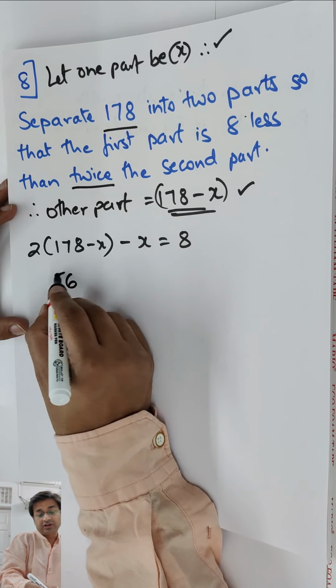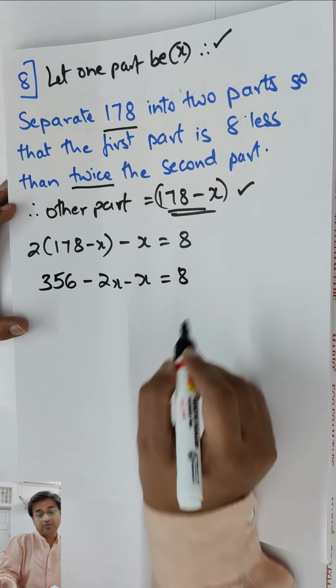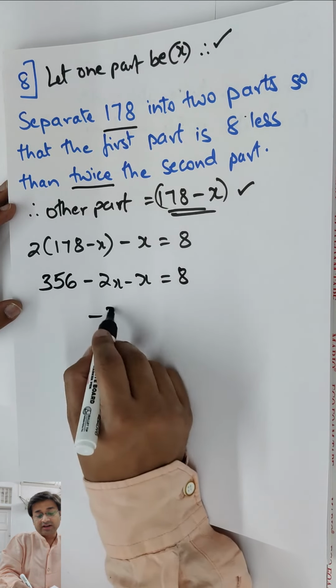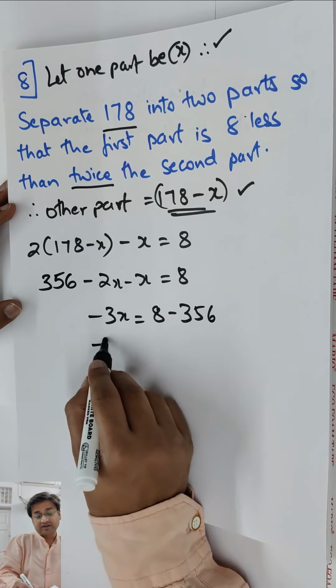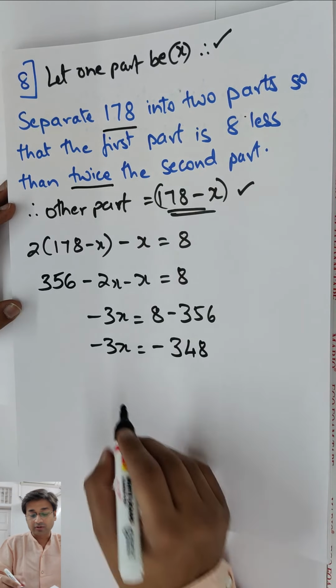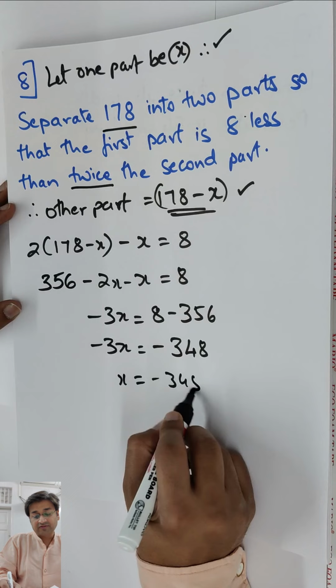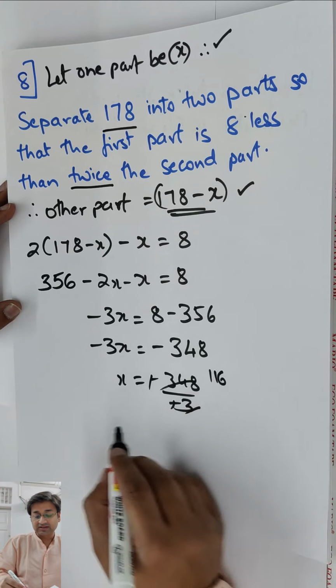So 356 minus 2x minus x equals 8. So I'll get minus 3x. This goes on the other side, 356, negative. So minus 3x is negative 348, if I am not wrong. So x should be minus 348 by minus 3. 3 ones are 3... 3 sixes are 18.